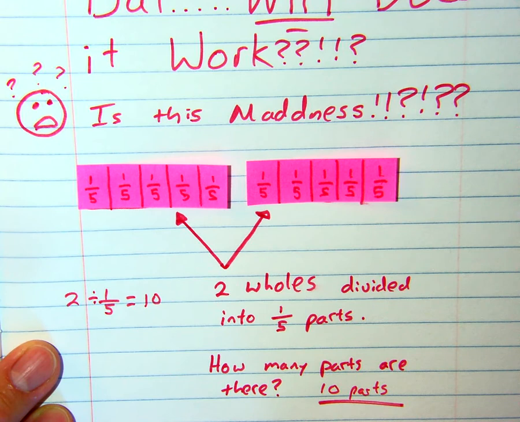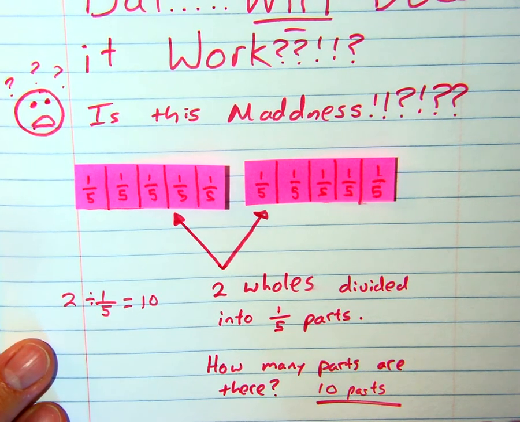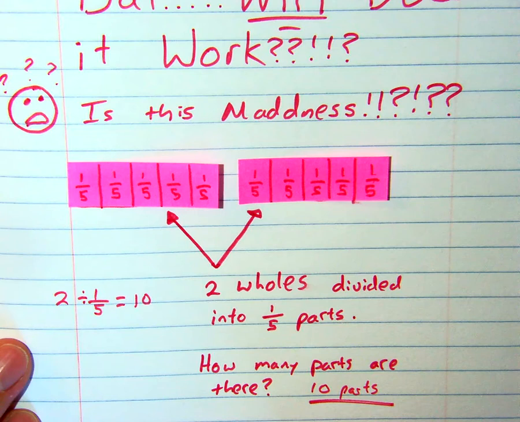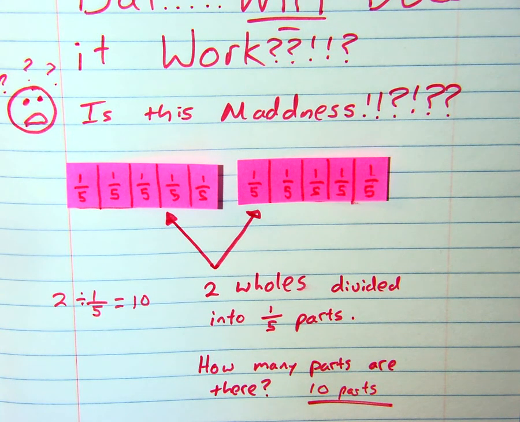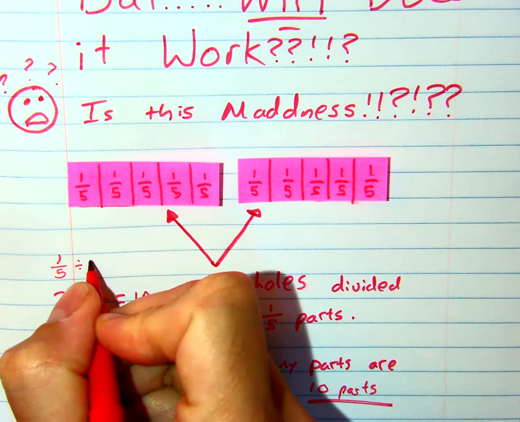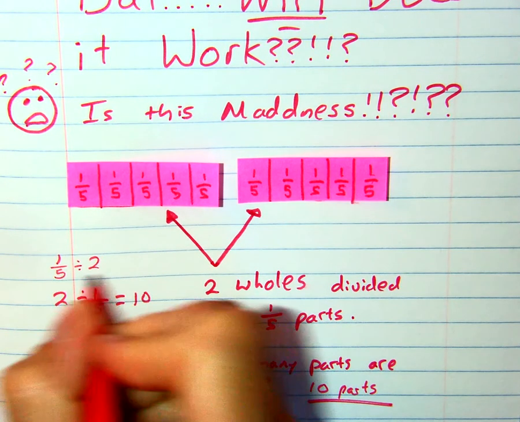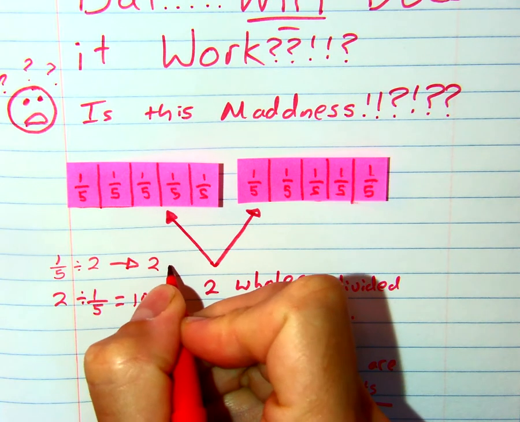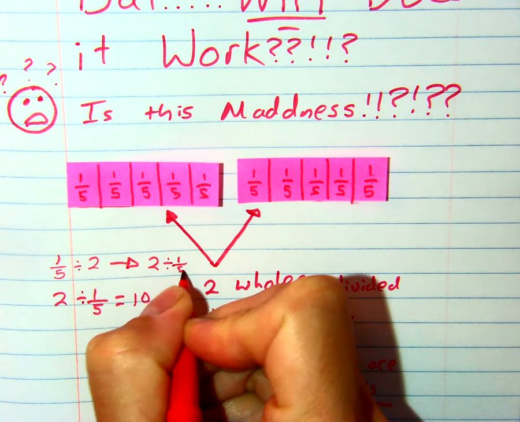All right. So it's not madness. It's not magic. It's not numerical trickery. We have just changed from the dividend being a fraction. We've gone from this to a reversal. 2 divided by 1/5.